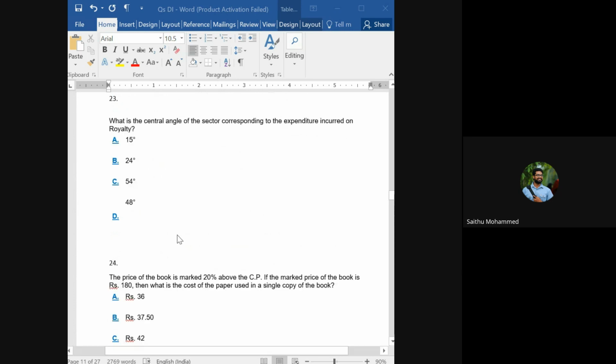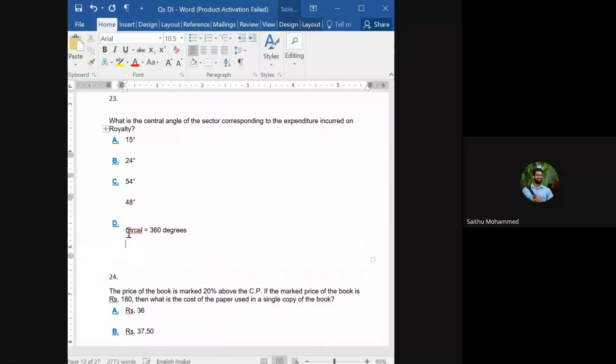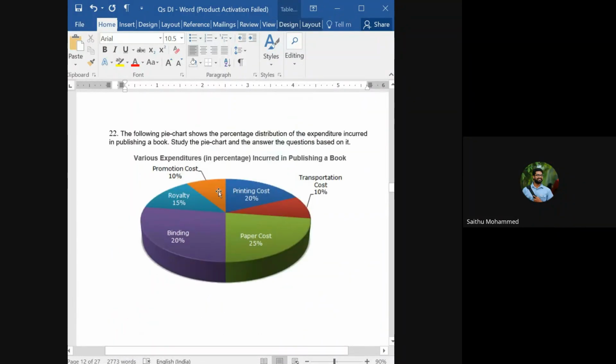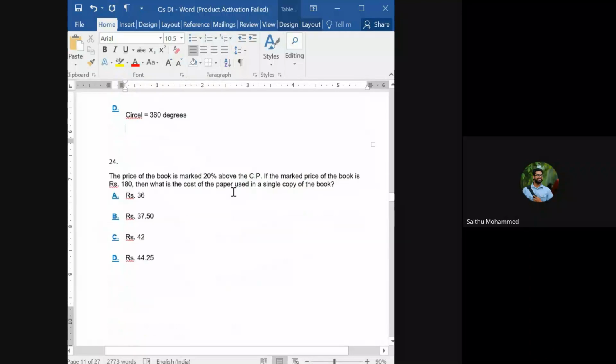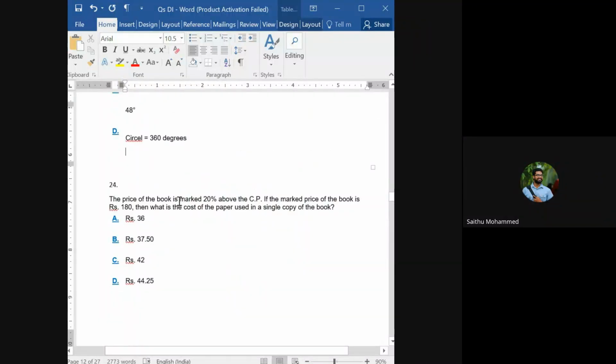So in order to solve it, we know that the total circle is 360 degrees, right? 360 degrees. Now we know that completely it is 360, while royalty is just 15%. Okay, 15% of that 360 degrees. So 15%, we have already learned how to solve percentage problems.